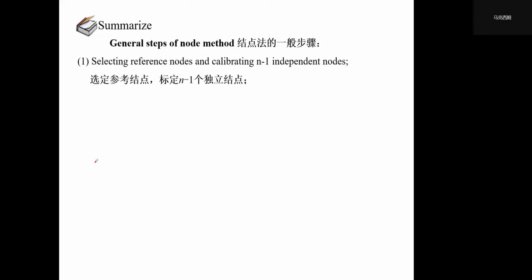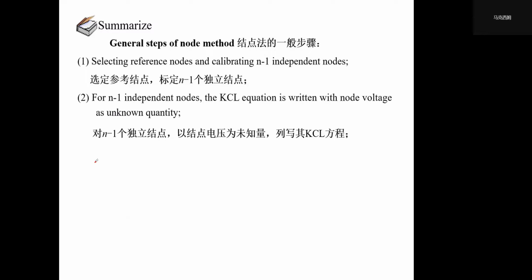So we can summarize the general steps of the node method. First things first, we choose the reference node and label the n-1 independent nodes. We choose a reference point, then we mark all the other n-1 independent nodes, giving each one of them a number.